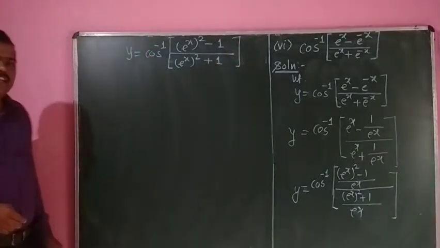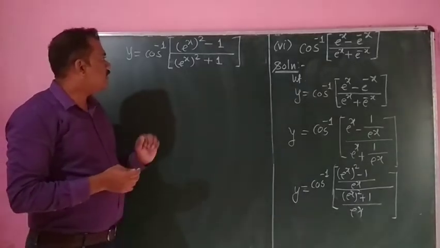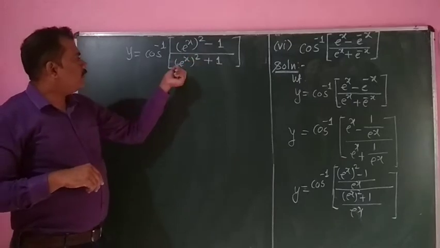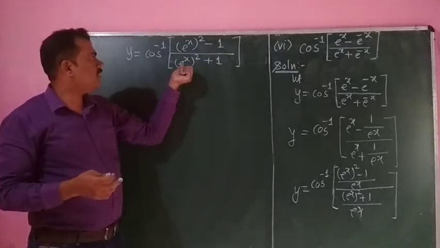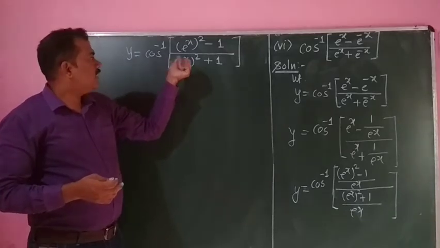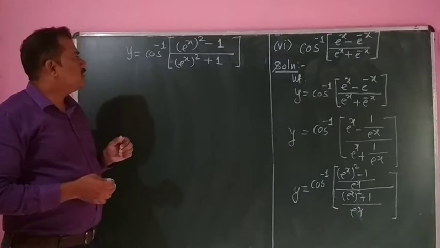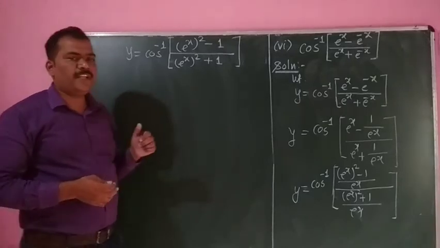Now we have to identify the substitution. Which substitution is helpful? If we put tan theta, then 1 plus tan square theta is sec square theta, and in the numerator we get tan square theta minus 1, which doesn't simplify more.